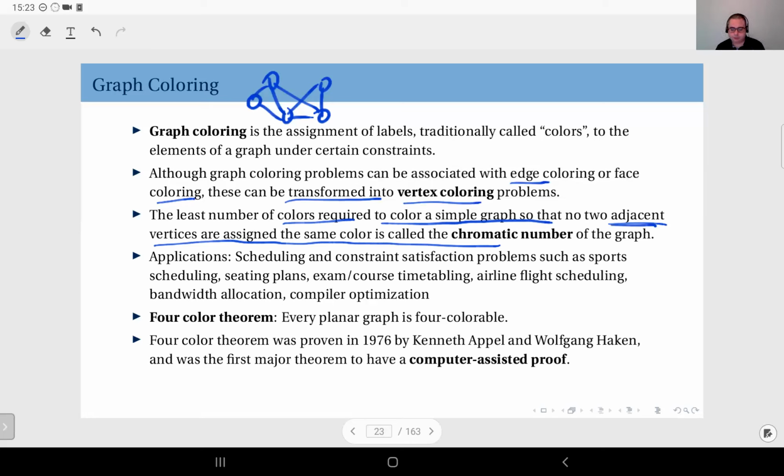This is quite a significant problem because it has applications in a wide variety of algorithms, such as scheduling and constraint satisfaction.